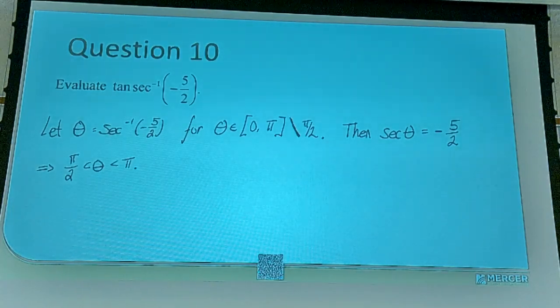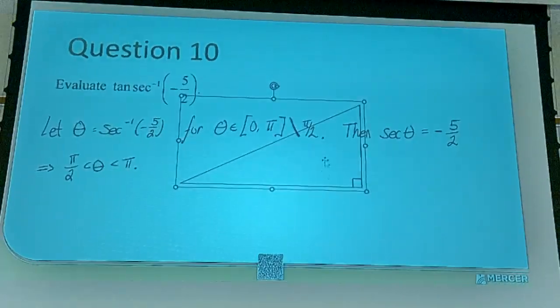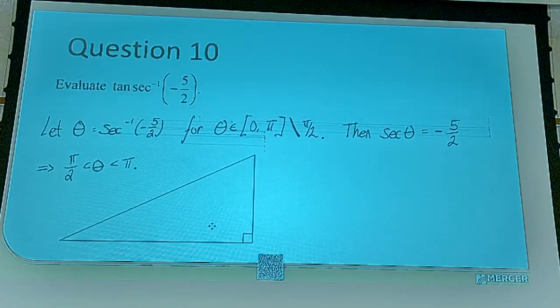Again, technically, I can't use right triangles, but I'm going to use the reference angle instead, which would allow me to use a right triangle. Let us say that is our reference angle, call it theta prime.